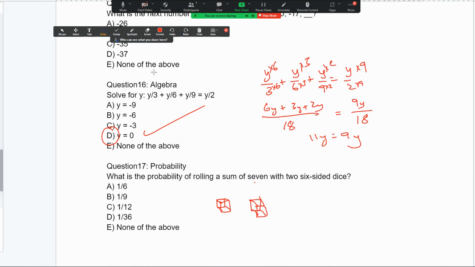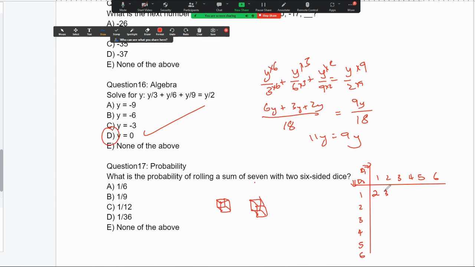So we have two 6-sided dice. Well, maybe let's look at all the possibilities here. We'll look at a two-way table. Two-way table means we got dice 1, which is going this way, and dice 2, which is going this way. We have 1, 2, 3, 4, 5, and 6, and 1, 2, 3, 4, 5, and 6. And when it adds up together.